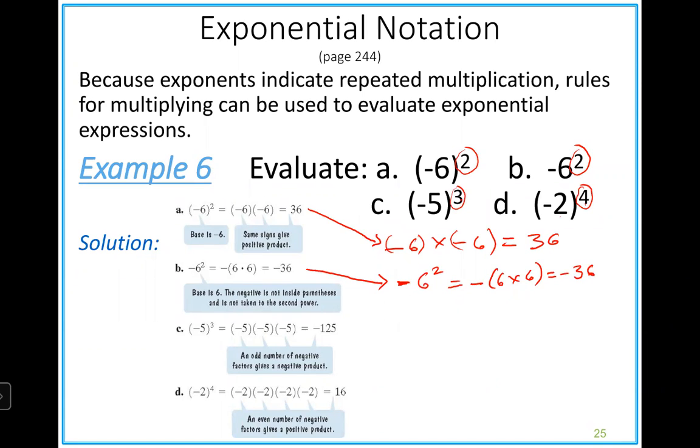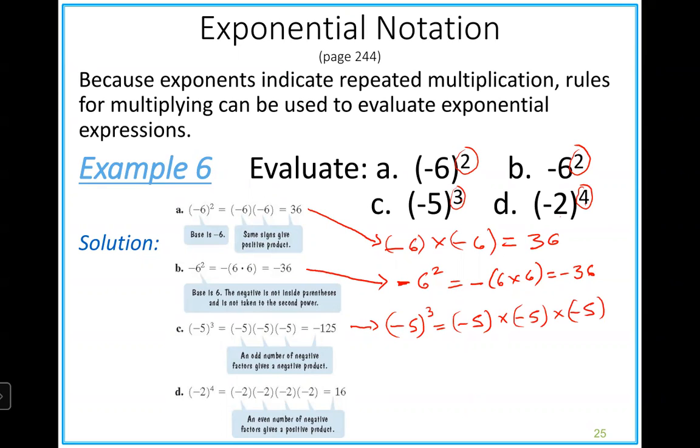In this third one, C, you have brackets, -5 to the third. So that is actually saying to you, I want -5 times -5 times -5. So you're multiplying -5 by itself 3 times.